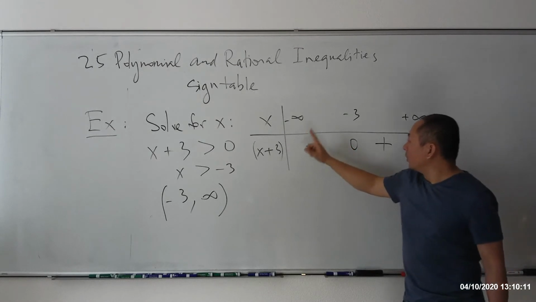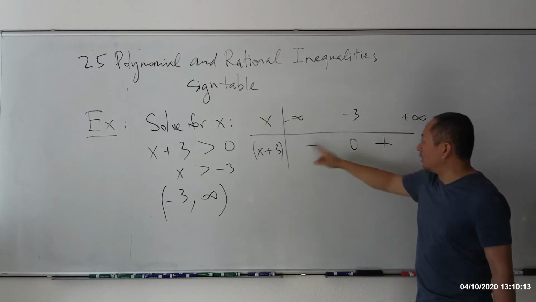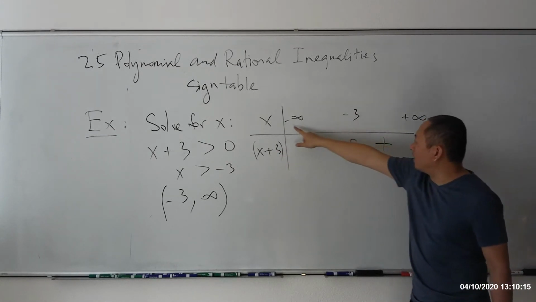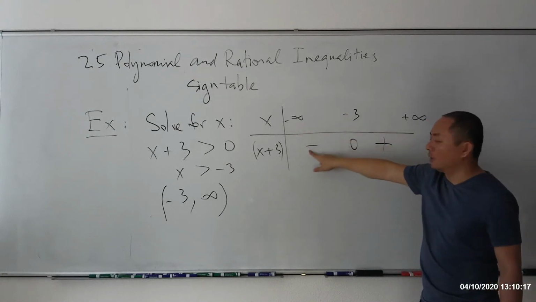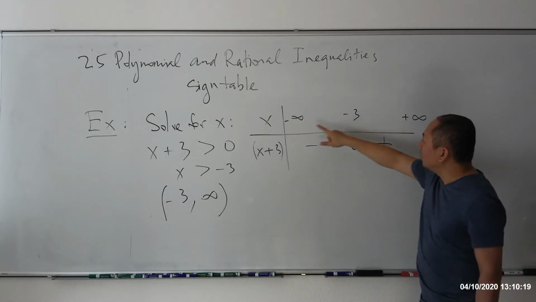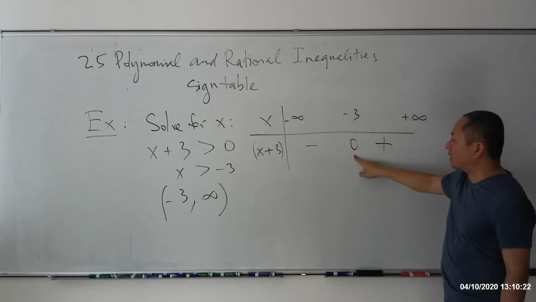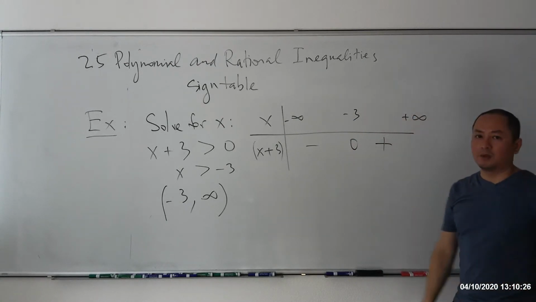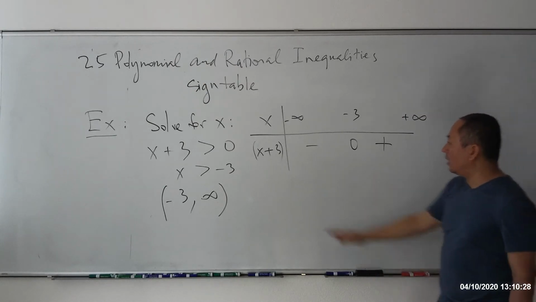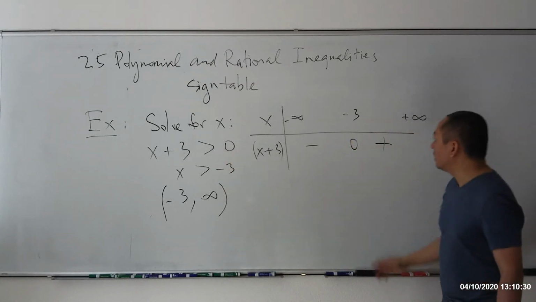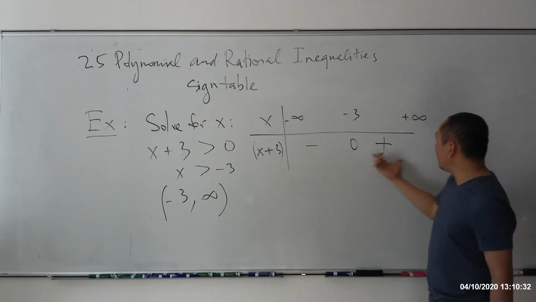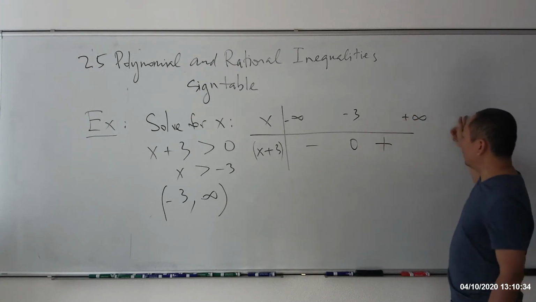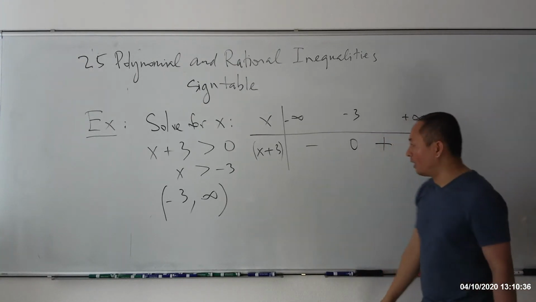And when you plug in values for x into the polynomial, when you plug in something less than -3, you get back a negative number. You plug in x equal to -3, you get back 0. You plug in some value that's greater than -3 for x, you get back a positive number. So by looking at the table right here, you get the answer for the question: find all the values of x for which that thing is positive. So the answer is -3 to infinity. That's exactly what we have right here.